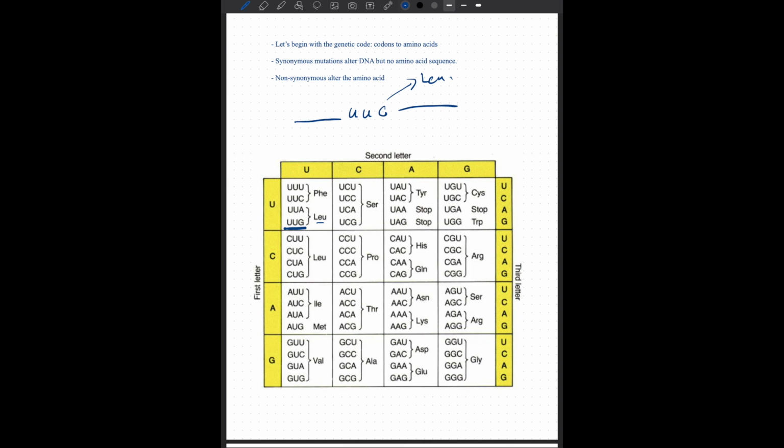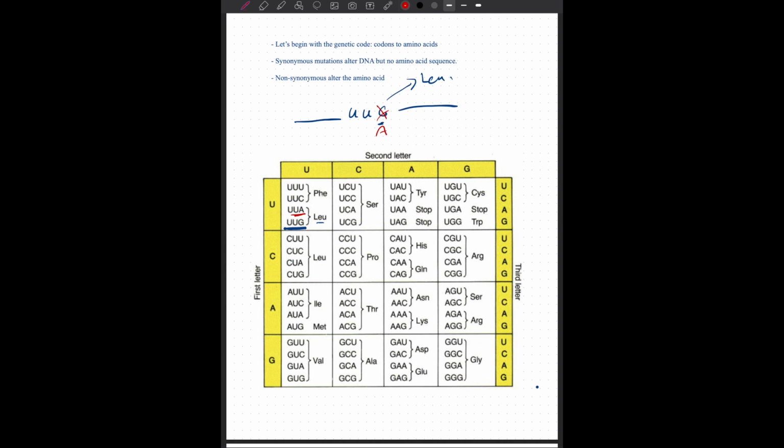Now, if this position is mutated to, let's say, an A, it still codes for leucine. So it's synonymous; those two codons code for the same amino acid. You could think that that won't have very much effect on the organism, because the amino acid chain, which is what folds into a protein, hasn't changed at all.